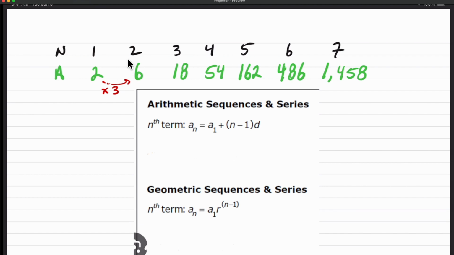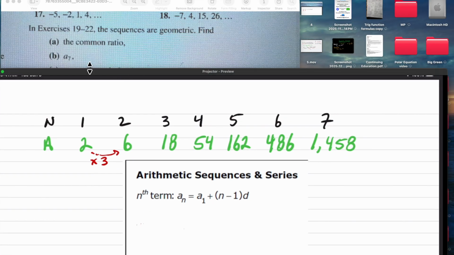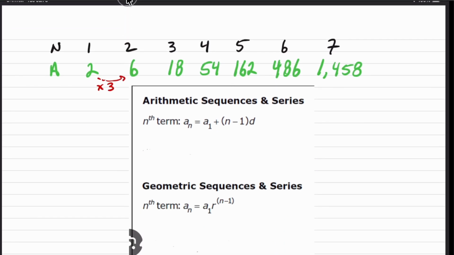Okay, now, folks, when it comes to finding the amount at position 7, I went ahead and found it so we know we have the answers. So as we build our formulas, we could check our answers. Now recall, in the arithmetic sequence, in the portion of the video we just finished, we have to be careful that this n value matches that n value. The n is the ending point.